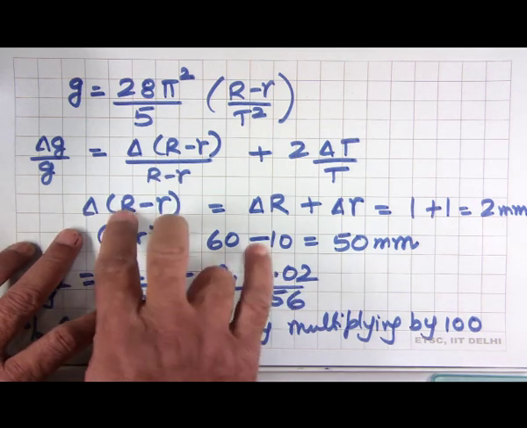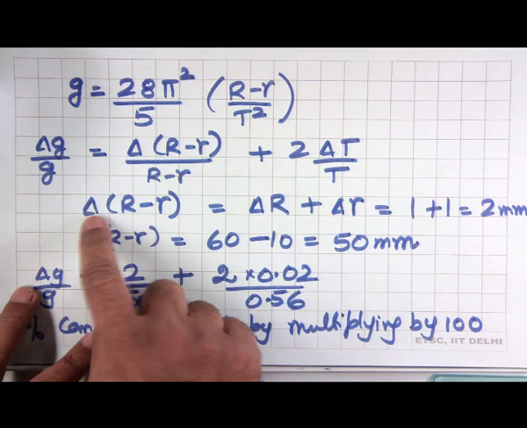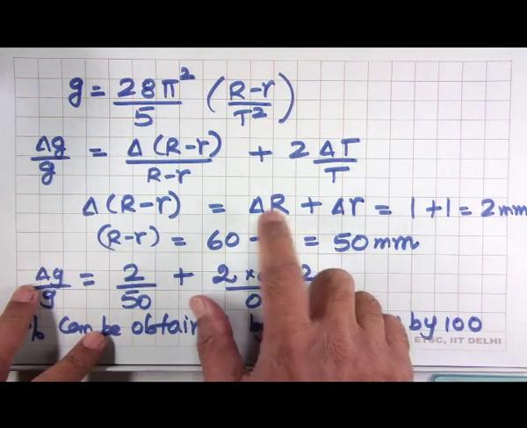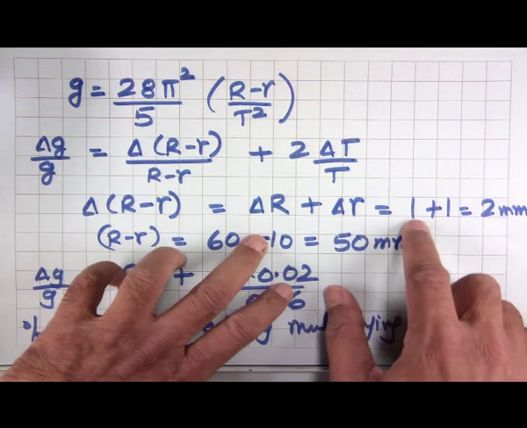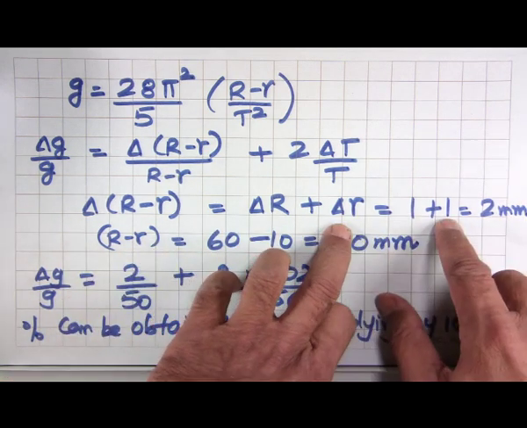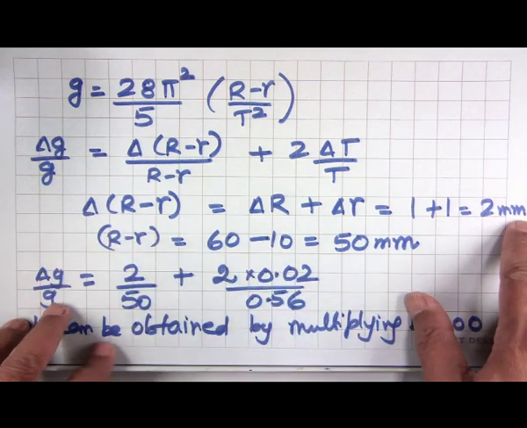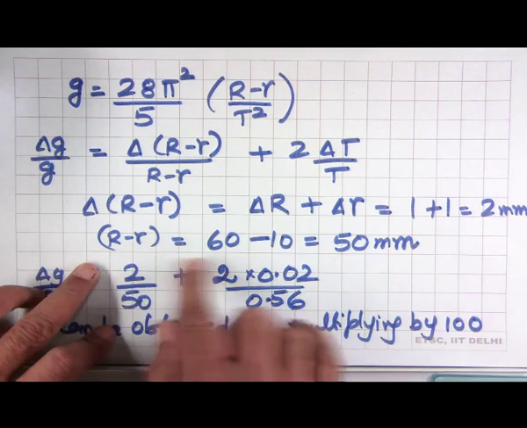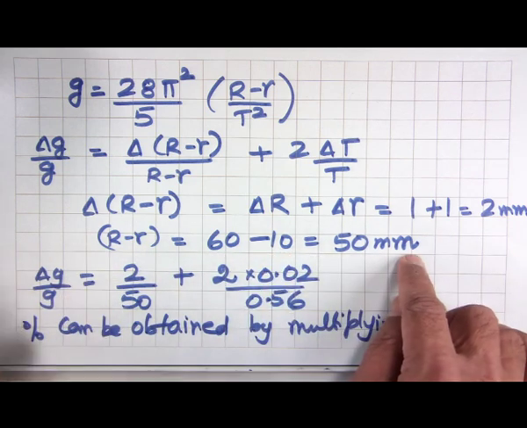This is a quantity which is a difference. So, error in R minus r will be equal to delta R plus delta small r, and delta R was given as 1 millimeter, delta small r was 1 millimeter. So, the total error in R minus r will be 2 millimeters, and R minus r was given as 60 minus 10, so this is 50 millimeters.